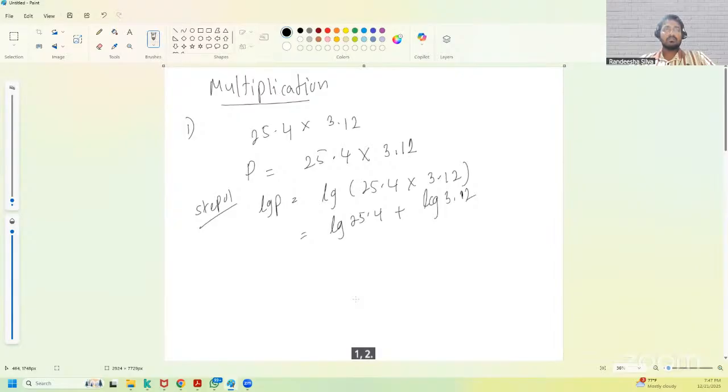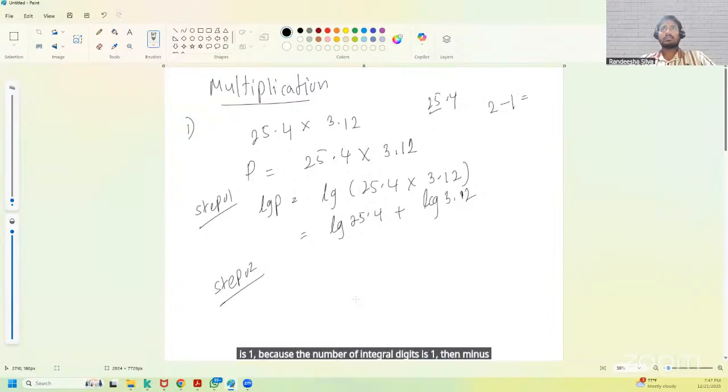So now we have to go for step 2. 25.4 has 2 digits in the integral part, so the characteristic is 1, because the number of integral digits minus 1 is the characteristic. So the characteristic is 1 here because there are 2 digits.